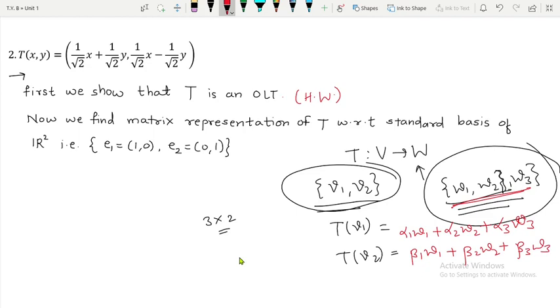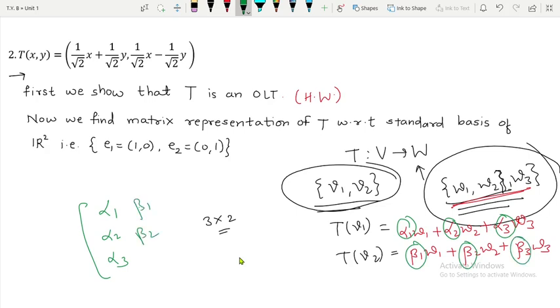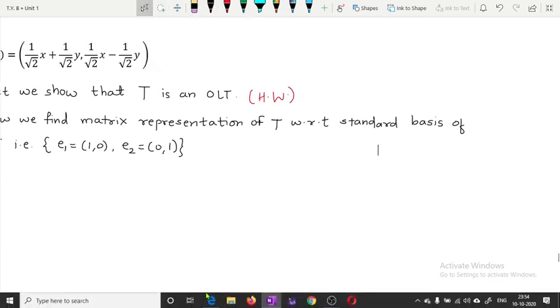The coefficients of the first equation give us the first column, that is alpha 1, alpha 2, alpha 3, and the coefficients of the second equation give you the second column, that is beta 1, beta 2, beta 3. That is how we proceed, right? So over here our domain is R2, the codomain is also R2, so our matrix representation is going to have order 2 by 2. So let us go for it then.